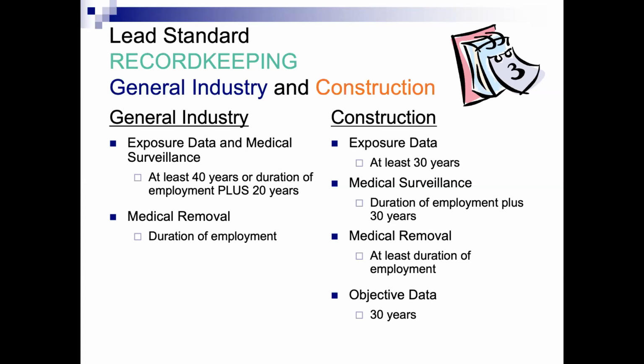If you medically remove someone or you did any training, I would really recommend that you keep the records as long as you keep everything else, because someone might come back. And as an employer, you need to be able to prove that you were following the requirements of the OSHA standard at a minimum.